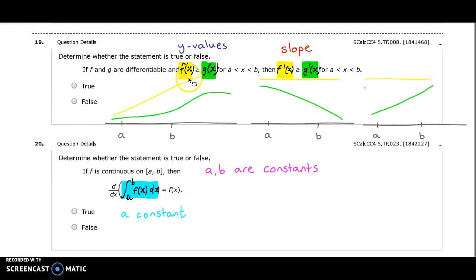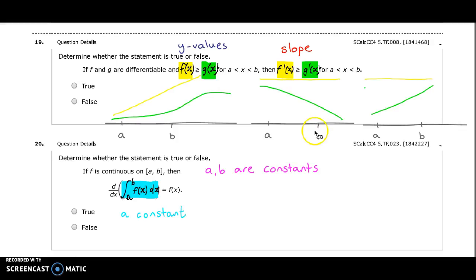Question 19, we've got a function f is greater than or equal to g. Here are two possible pictures where my yellow graph is above the green graph. And I've also got the case where the slope of f is greater than, in this case I've written in greater than, the slope of g.